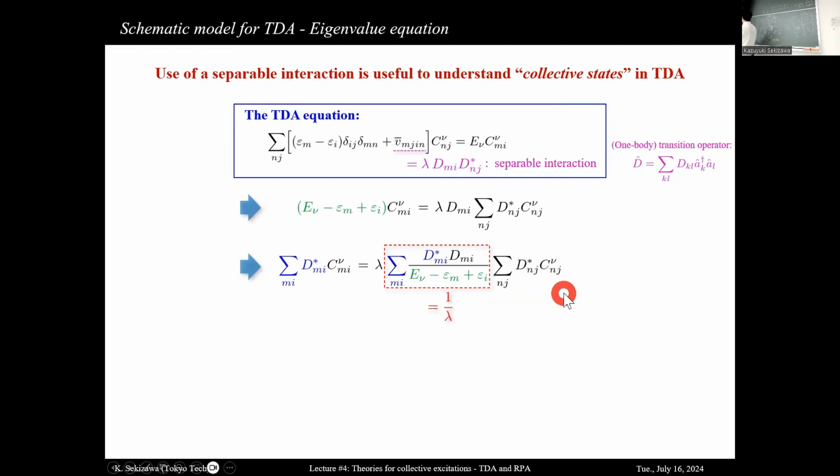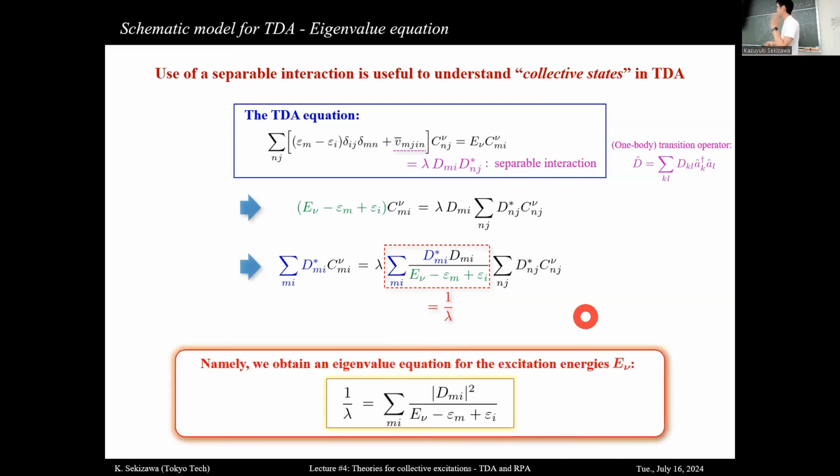So to satisfy this equation, this lambda must be cancelled out with this term. So it indicates that this coefficient here must be 1 over lambda. Then we can cancel this, and this equation holds. Okay. So now this equation gives us the solution for the Tamm-Dancoff approximation.